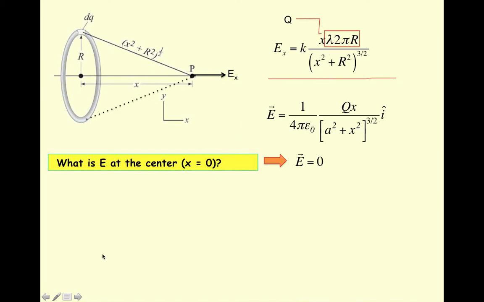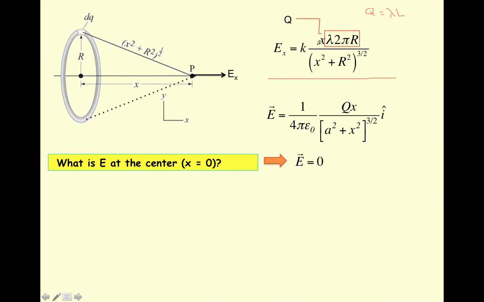I forgot to mention that this guy here is nothing more than Q: lambda times 2 pi r is Q, because Q is equal to lambda multiplied by L, and in this case L is simply the circumference, which is 2 pi r. So this is my Q.